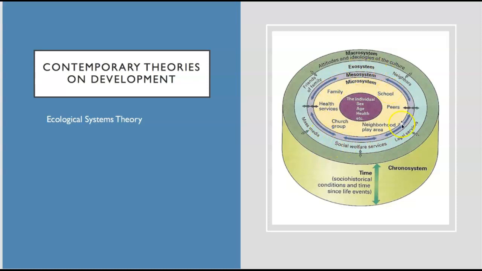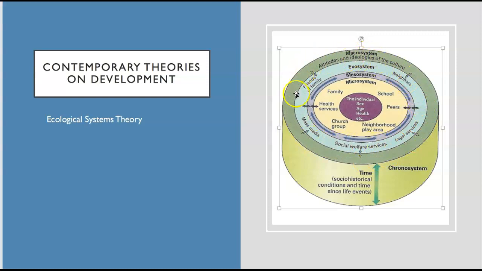Now, the exosystem includes things that can influence the development of a child, but that the child may not have direct interaction with. So these can include things like the free lunches at school or public health policies such as vaccines. The macrosystem includes the culture.